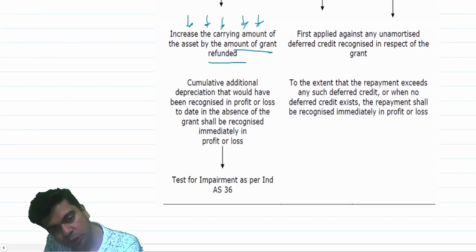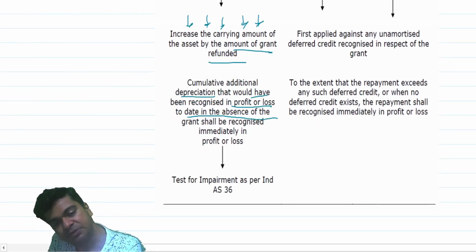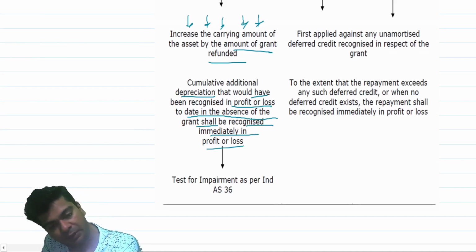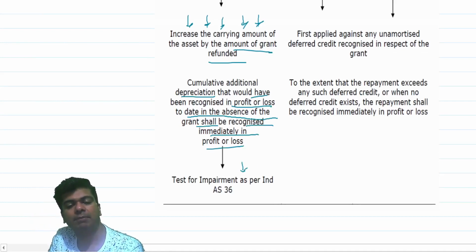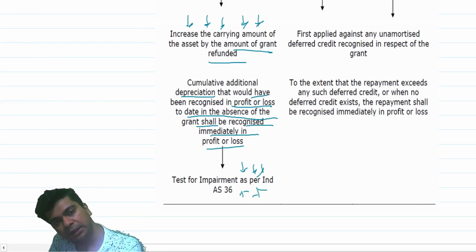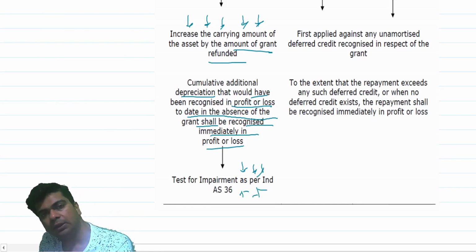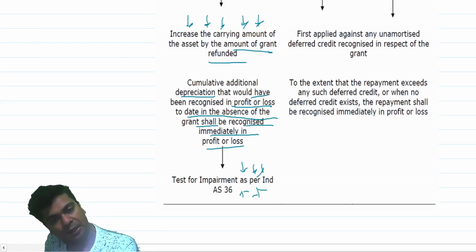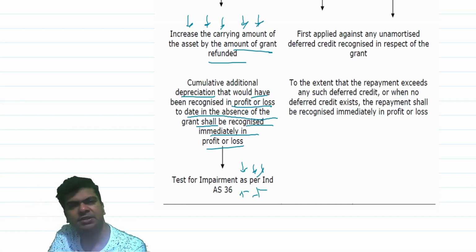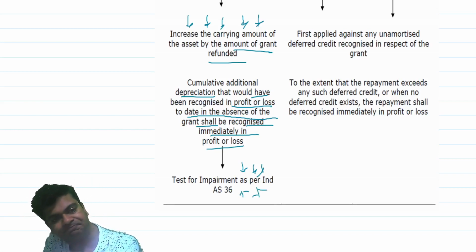Cumulative additional depreciation that would have been recognized in profit or loss to date in the absence of the grant shall be recognized immediately in profit or loss. And then we should test for impairment as per Ind AS 36. That was the illustration that we had taken up. If you have understood the illustration, then this is just a description of the scene.